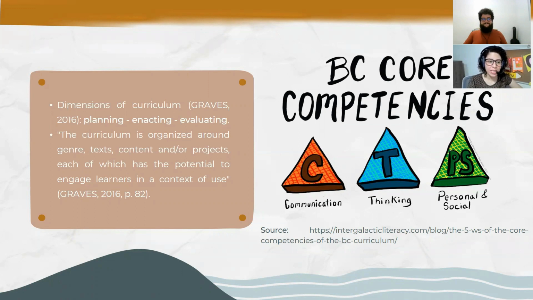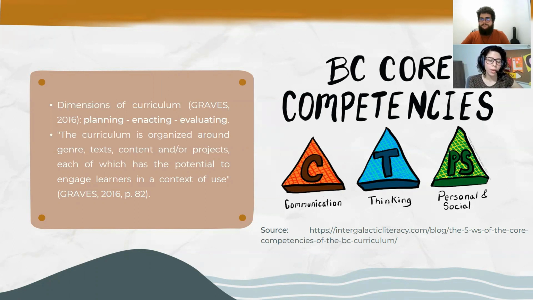Having said that, I'd like to discuss some dimensions of curriculum. The BC core competencies are communication, thinking, and personal and social skills. According to Graves, there are some important aspects to consider when planning a curriculum.